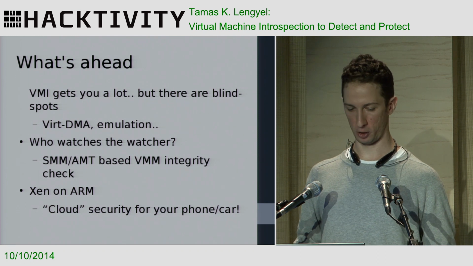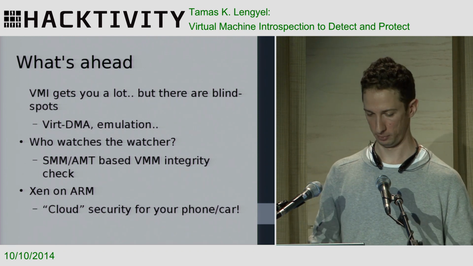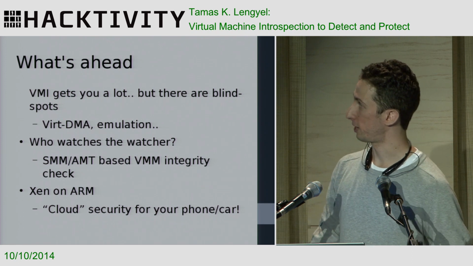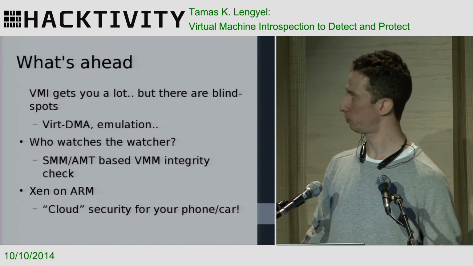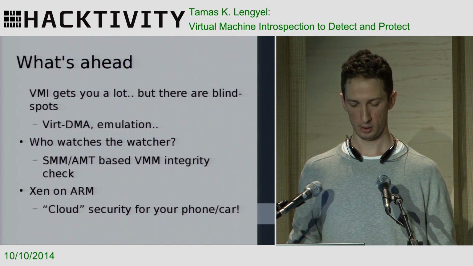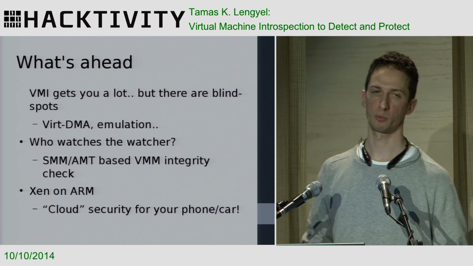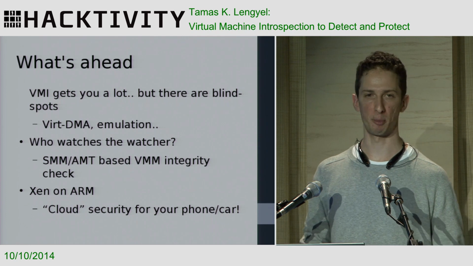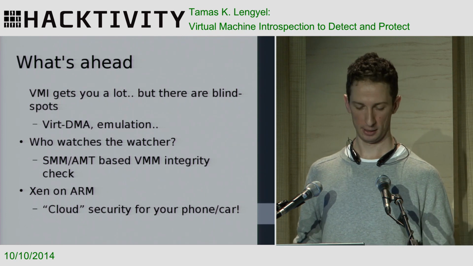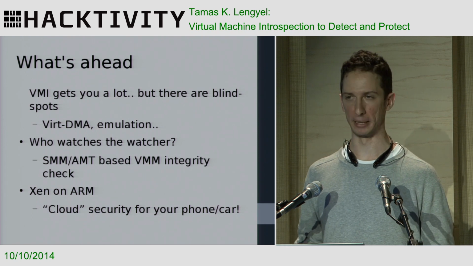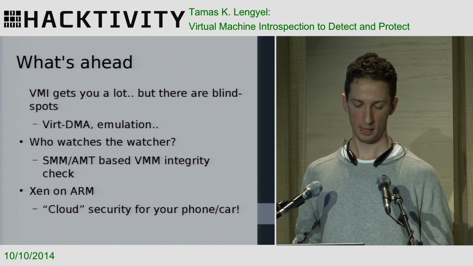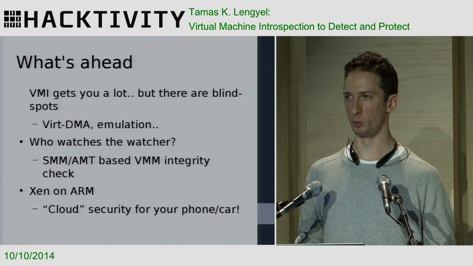And just to mention a couple things that are ahead: as I said, VMI is a very important tool, but it's not perfect. There are some blind spots. For example, virtual DMA: if the hypervisor does emulation and the hypervisor gets compromised, well, VMI isn't gonna get you much if what you're building on is compromised. And of course, the hypervisor is not really the root of the system.